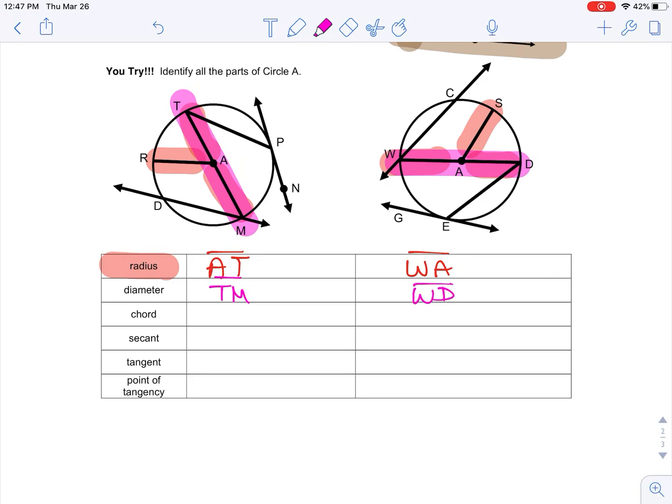A chord, picking new colors here. Chord is a segment that goes across, and some people might say, hey, is a diameter a chord? Yes, a diameter is a chord, but let's just pick a new one. This could be the chord, or DE could be the chord. So TP and DE are examples of chords.